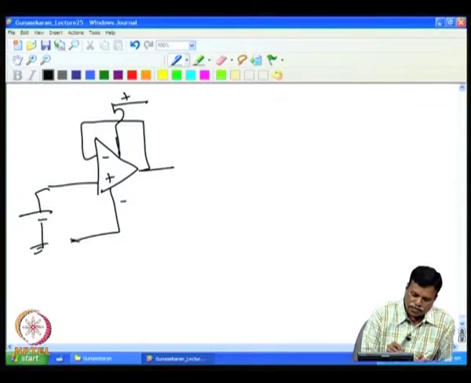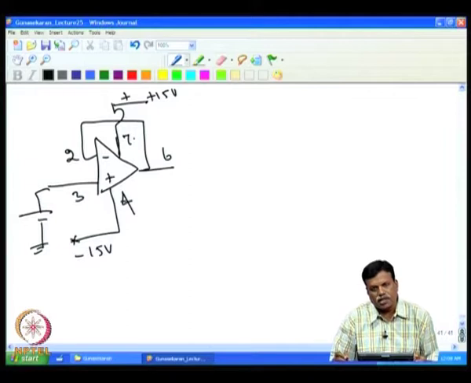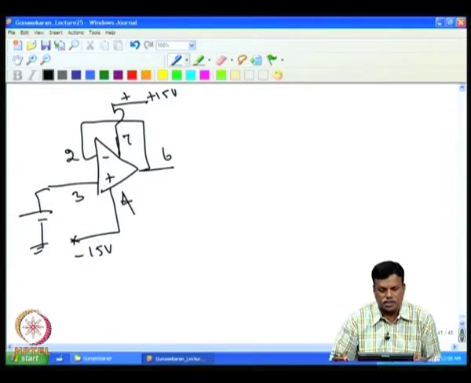This is minus 15 volt, this is plus 15 volt. This is pin number 3, this is pin number 2, this is 6, this is pin number 4 and this is 7. This is the typical configuration of most dual inline package op amps.